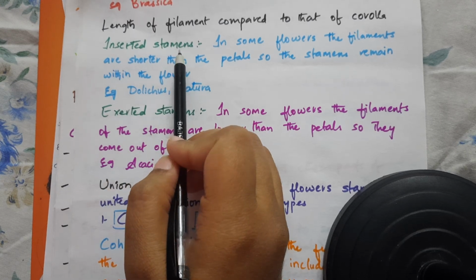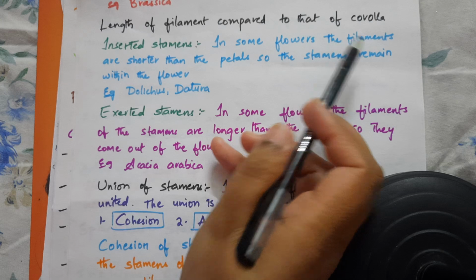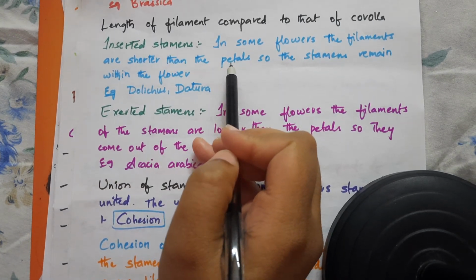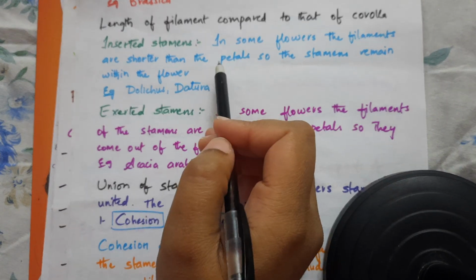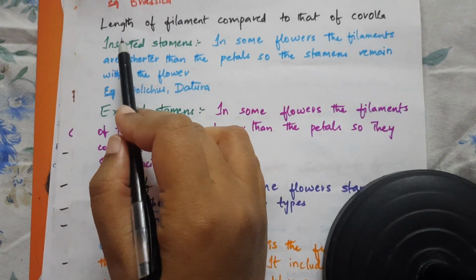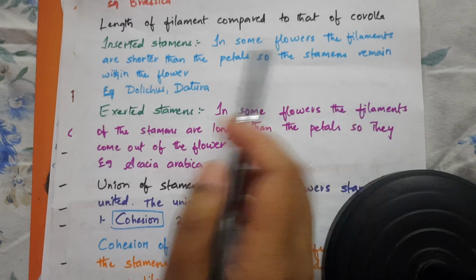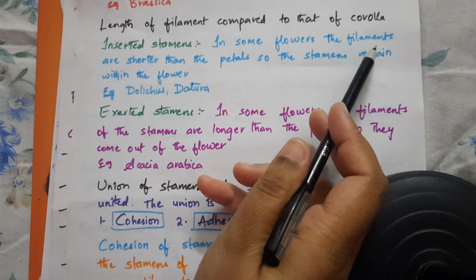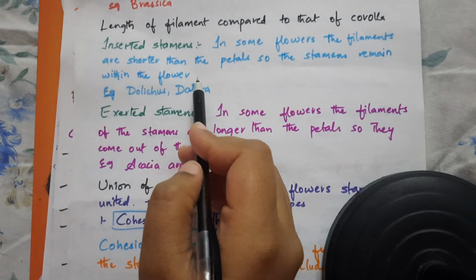What is inserted stamens? In some flowers, the filaments of the anthers are shorter than the petals. Okay, so here the petals or corolla is larger and the filaments of the anthers are shorter. Okay, so we call this condition as the inserted stamens. So these stamens will remain inside the flower because the filaments are smaller than the petals.